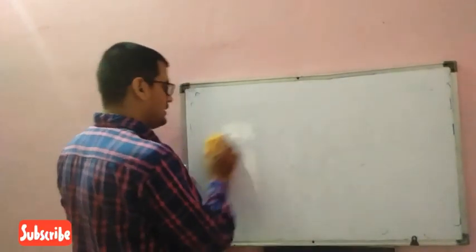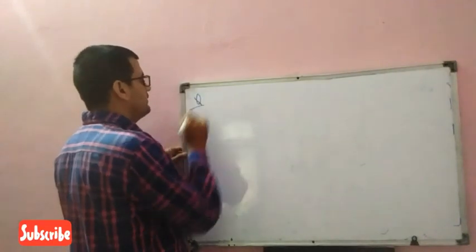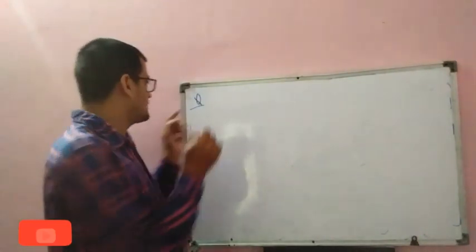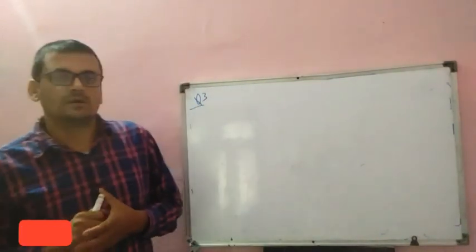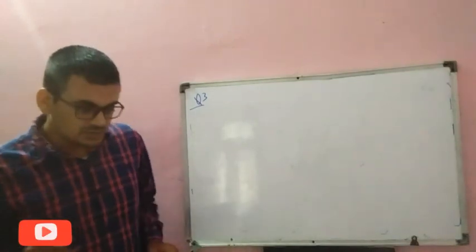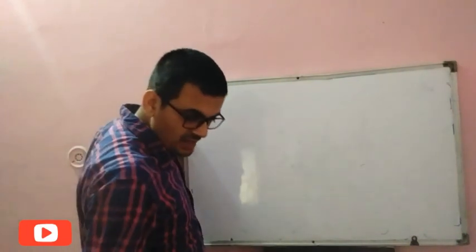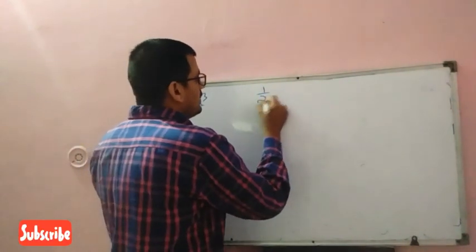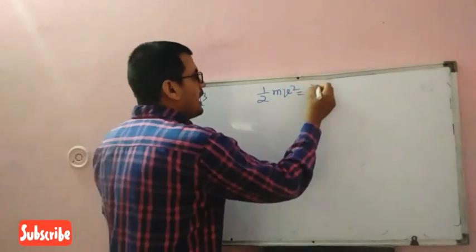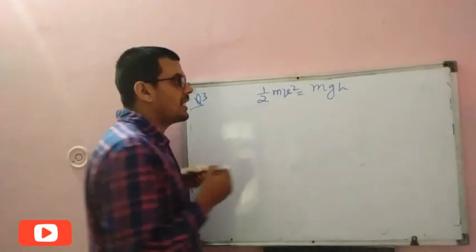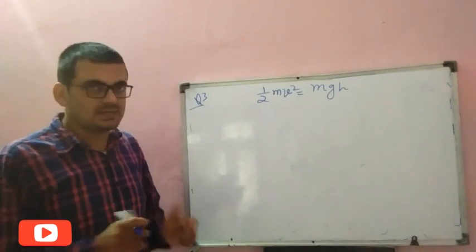This is question number three, based on the second application of dimensional analysis. The question is: by dimensional analysis, check whether 1 by 2 mv square equals mgh is correct or not. We have to check it by using dimensional analysis.